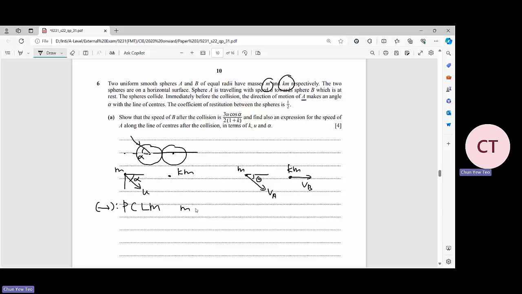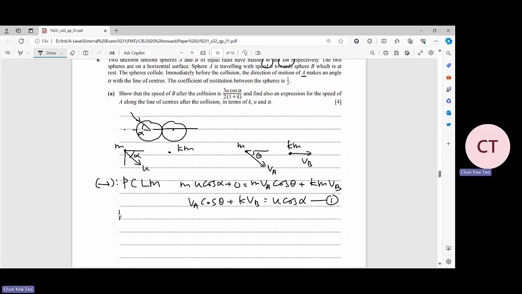So you have m u cos alpha plus 0 is equal to m va cos theta plus km vb. Cancel all the m. So you have va cos theta plus k vb is equal to u cos alpha. Equation 1.